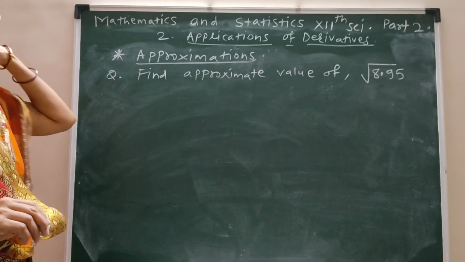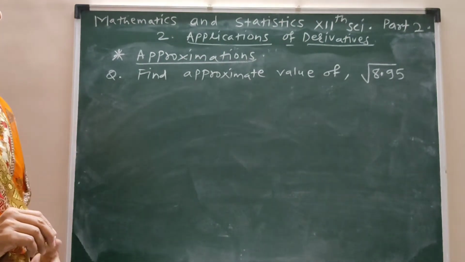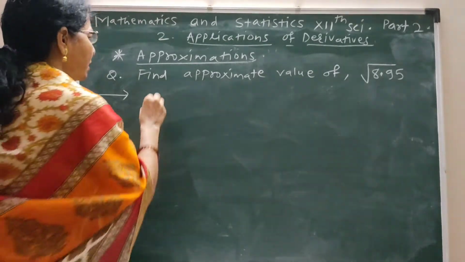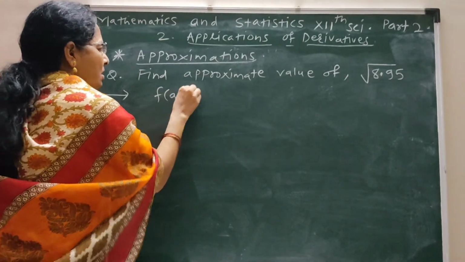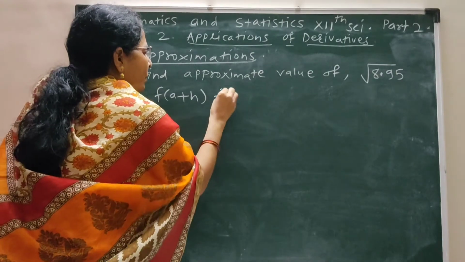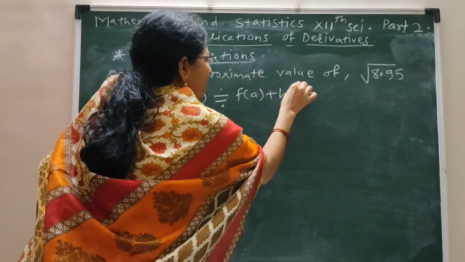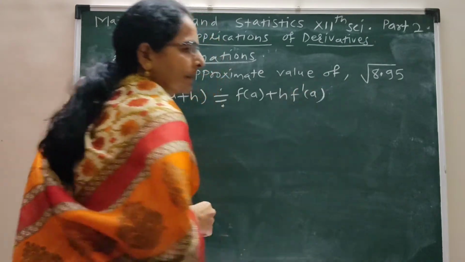The formula of approximation is f of a plus h is approximately equal to f of a plus h times f dash of a.